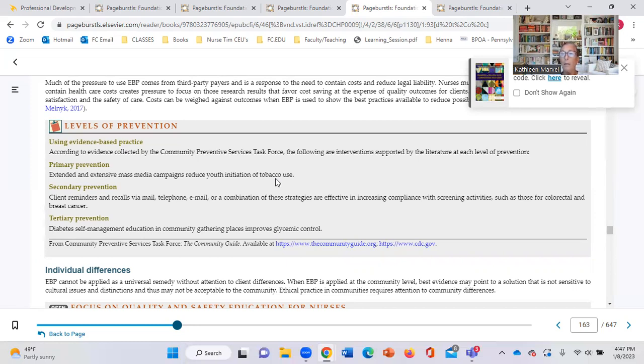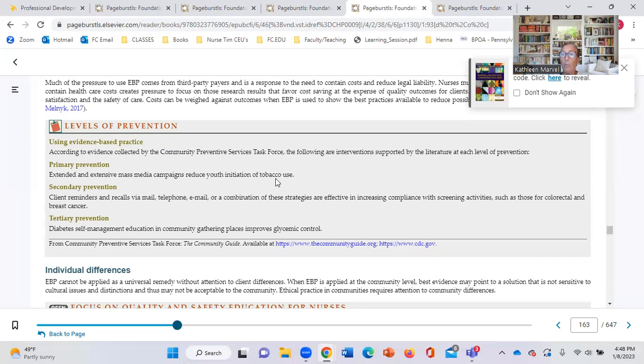Secondary: screening, early intervention, early identification. Client reminders and recalls via mail, telephone, and email, or a combination, are effective strategies in compliance with screening activities, such as those for colorectal or breast cancer.